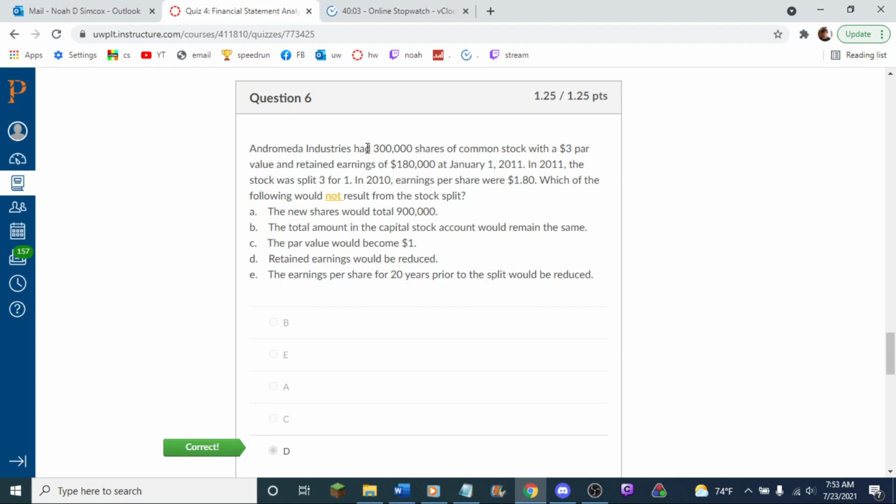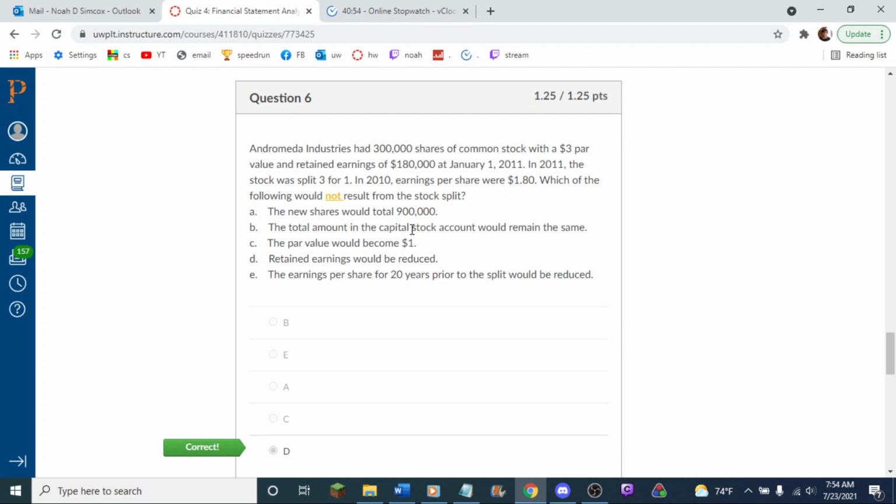So what this affects... where the heck do they talk about whether it affects retained earnings? Where does it talk about retained earnings?